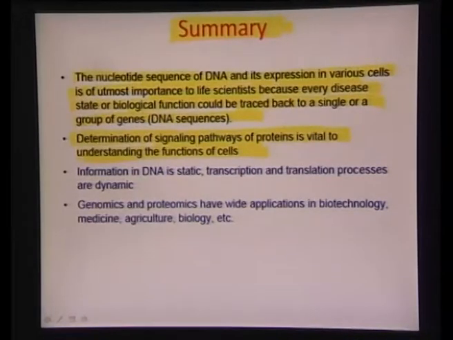Information in DNA is pretty static, and it does not change much with time except when there are mutations. However, the mRNA which is transcribed from the DNA is a continuously changing, continuously generated molecule.